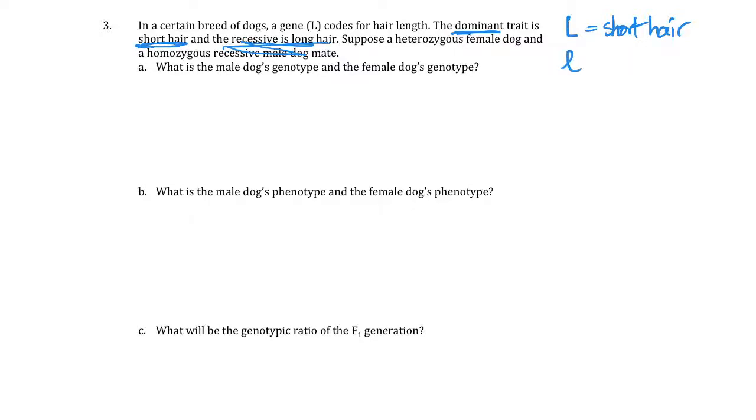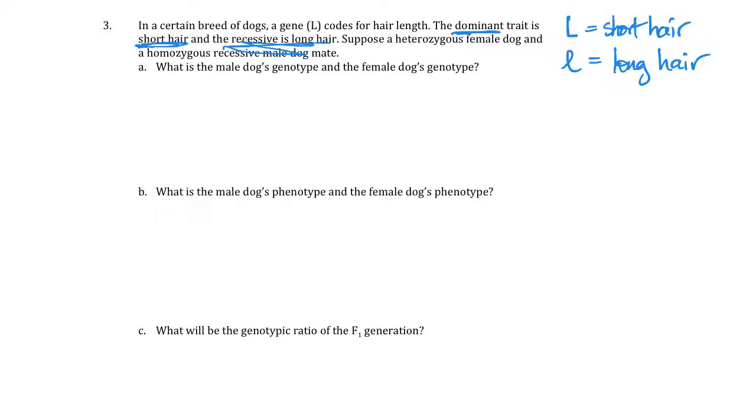So recessive, I like to do a scripted or cursive L because lowercase l is hard to see otherwise. It looks like a 1, so I like to do a curly L. And that's long hair. Suppose a heterozygous female dog and a homozygous recessive male dog mate.